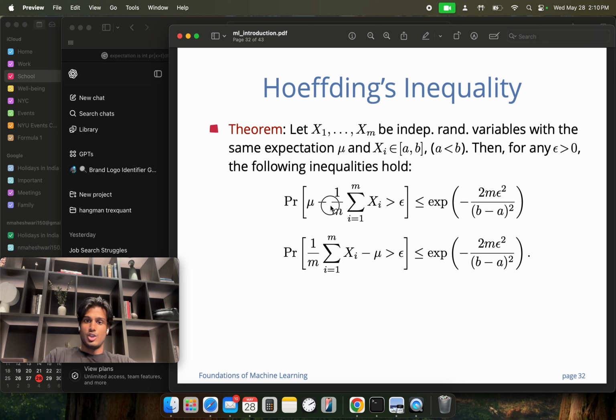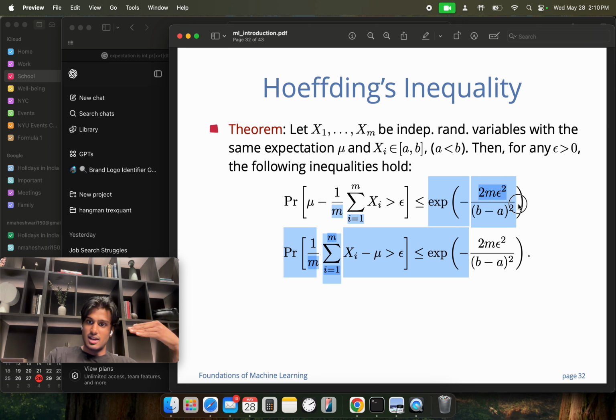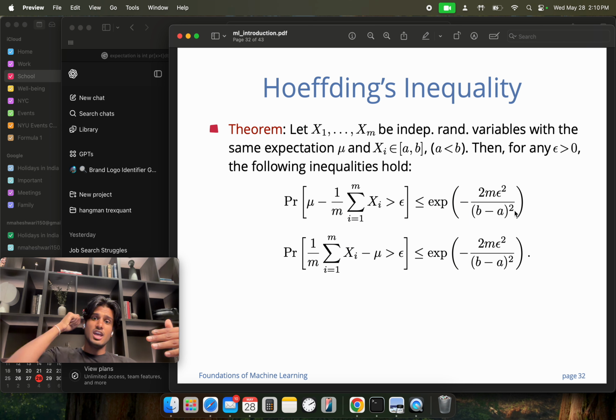Basically, your empirical mean going farther than your threshold happens with some very small, exponentially small probability. If you increase m, the number of samples you have, this exponential decreases quite rapidly.